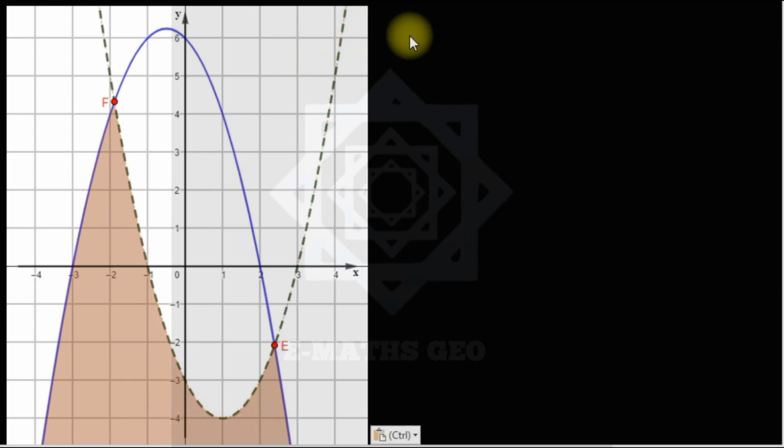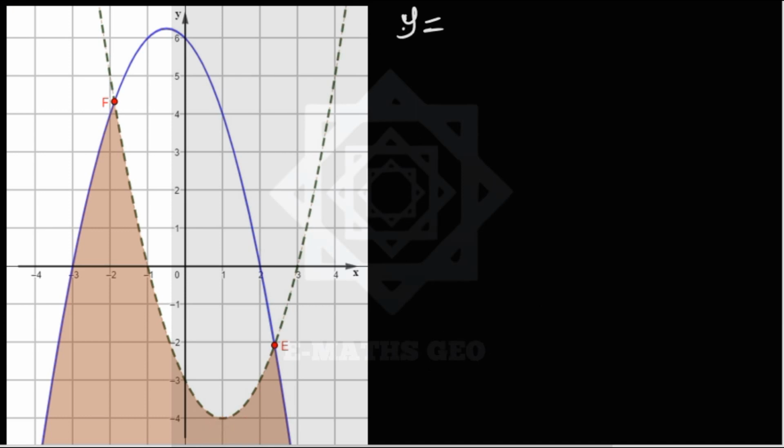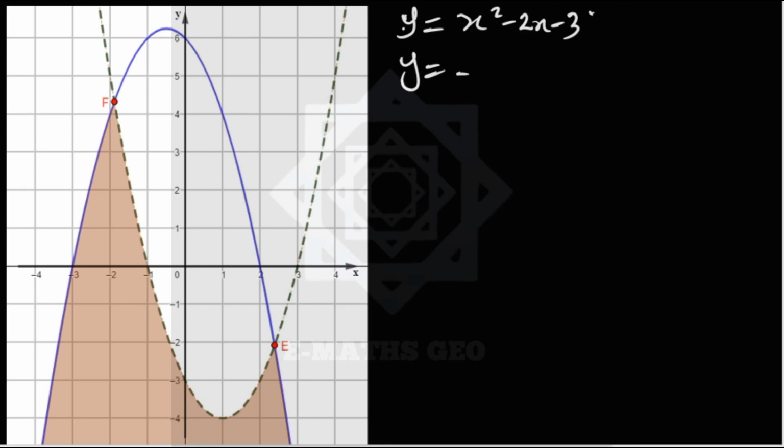So we have two curves now. The first one is y equals x squared minus 2x minus 3, while the second curve is minus x squared minus x plus 6.